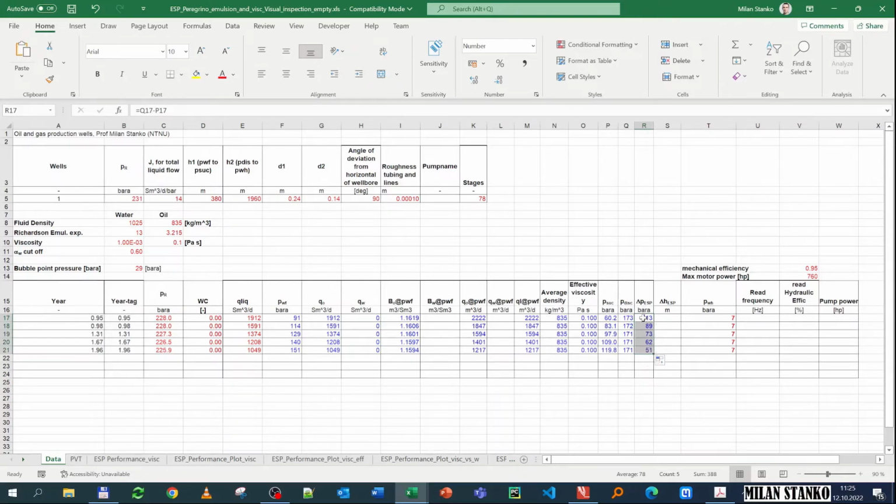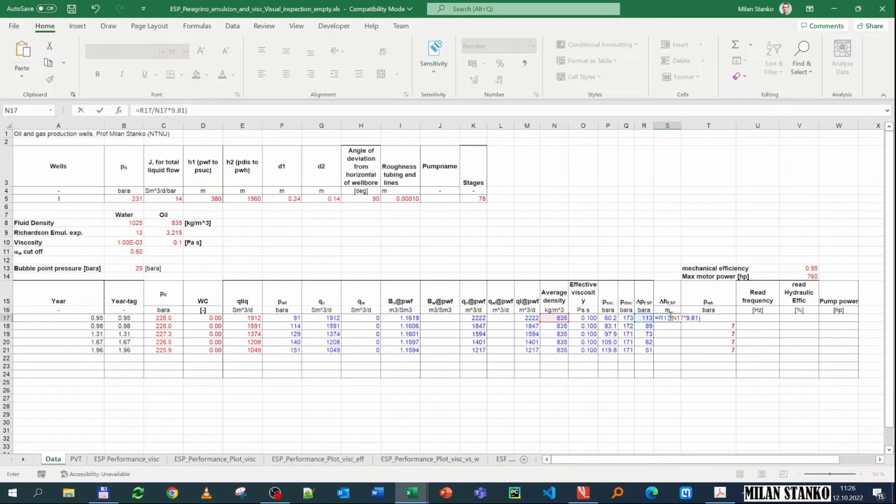Okay, now we have the collection of points. We have the delta P, and then we have the liquid rate that we want to plot on our performance map. Okay, but let's make it in terms of head, because remember the performance map we typically make in terms of head. Okay, so it's this divided by density times 9.81.